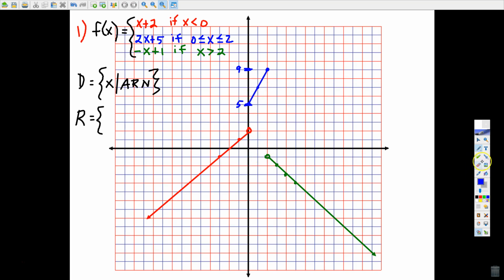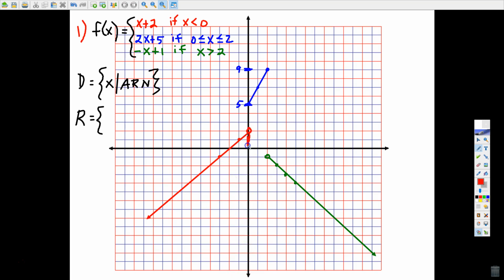Let's take a look at the red. If we were just to take this red graph and parallel it to the y-axis, it would give us a better idea. It's continuing down forever and ever, and that's the way this y-axis runs forever and ever.